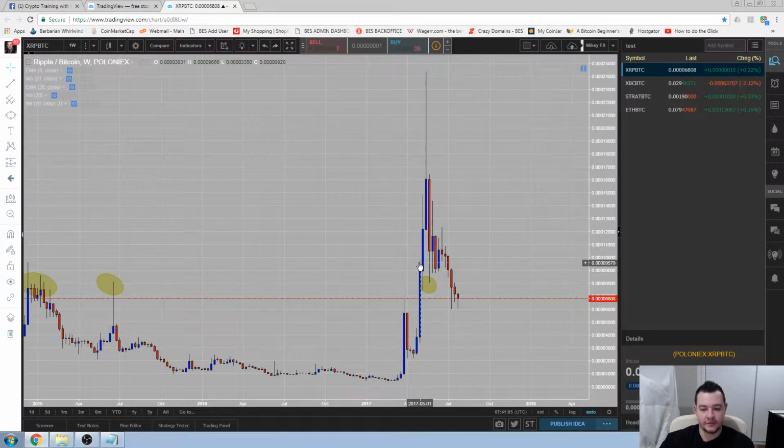So we've broken it, we've come back down to test it again, so it's now acting as support, not resistance. Then we reached another new all-time high, and once that new all-time high comes back down again, we tested support at that level, which is just here, and then we got another up move in the market from that support level. So this 8,000 level is actually a very strong level.